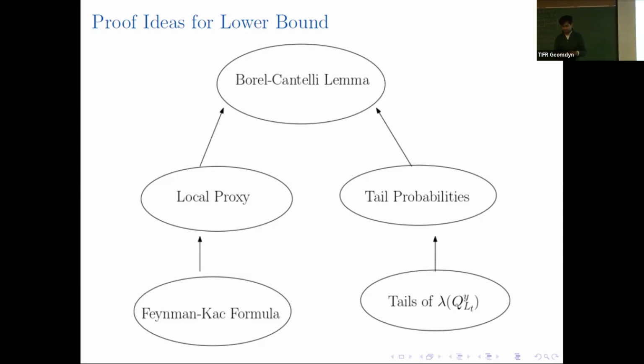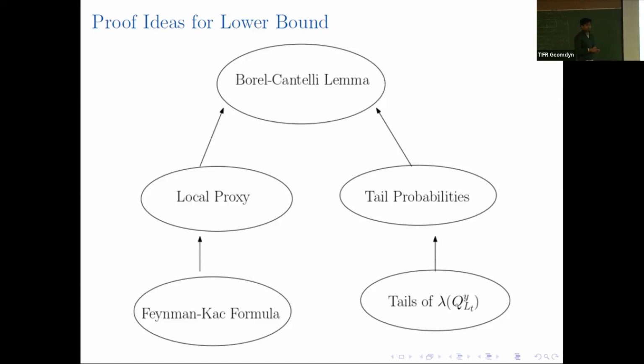So we need to show that this set that we want to study has some thickness. We need to resort to the Borel-Cantelli lemma in some way, and it needs some control on the tail probabilities of the solution. These tail probabilities come through the comparison principle. So basically, it boils down to studying the tail probability of this largest eigenvalue. And as I said, we studied it for the upper bound, and it is also helpful for the lower bound.